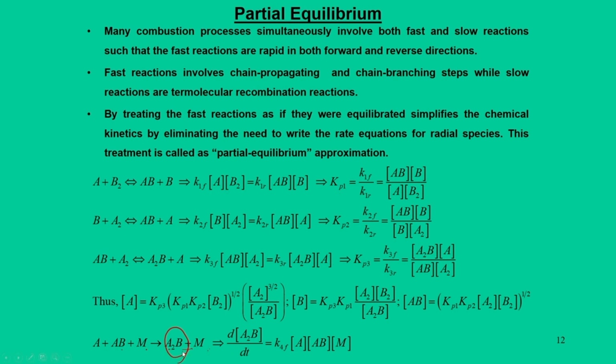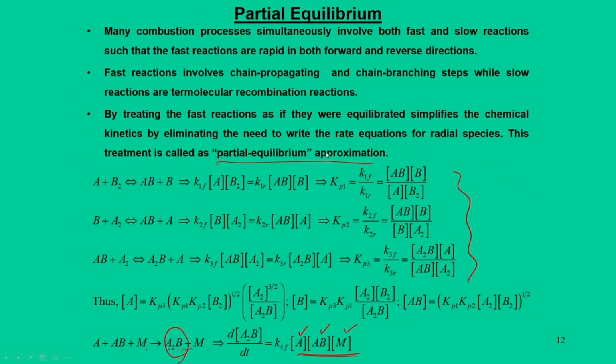To get this, we need information about the concentration of A, concentration of AB, and concentration of M. These individual concentrations can be formulated through what we call a pair mechanism, and they fall under the criteria of partial equilibrium approximations.